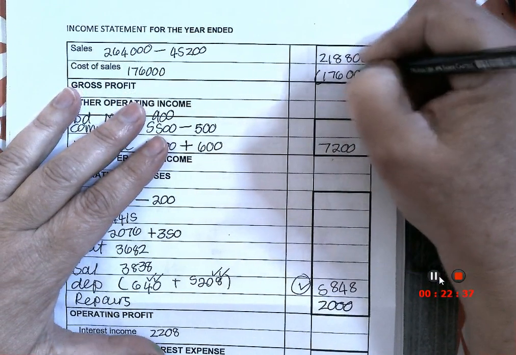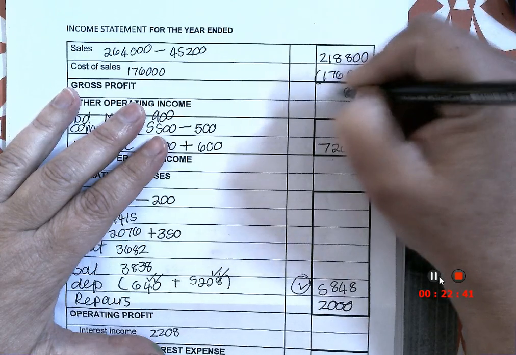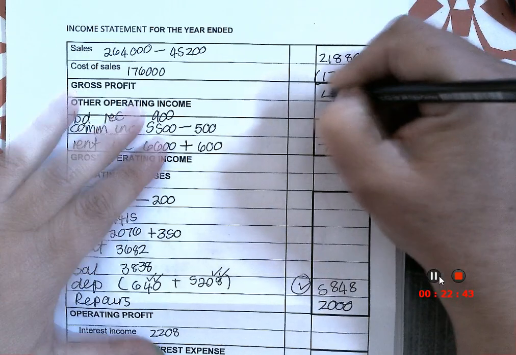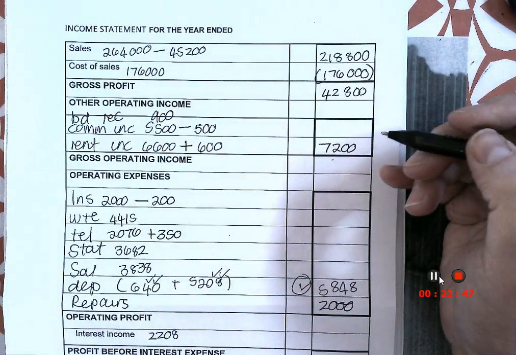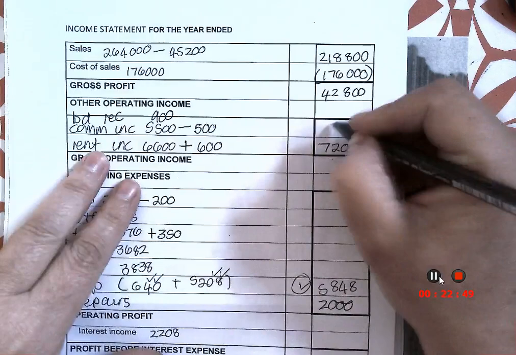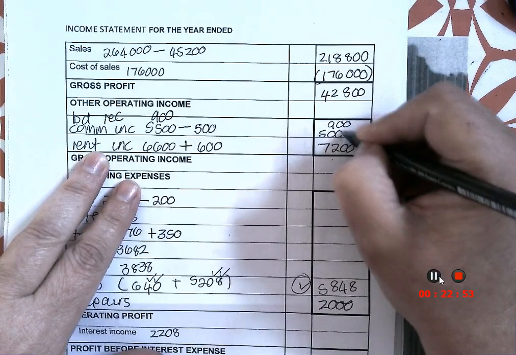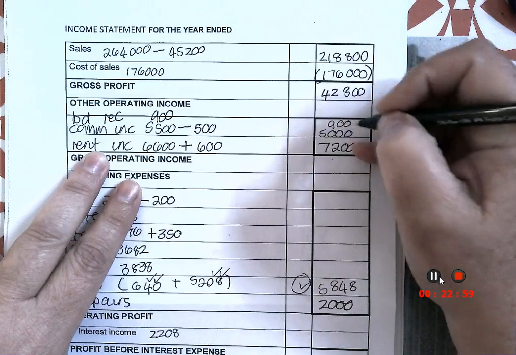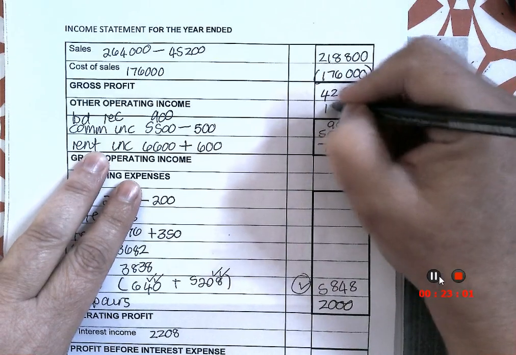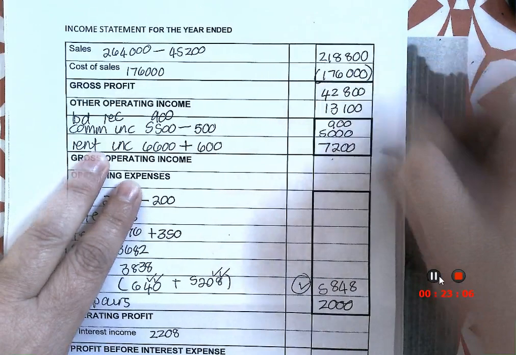No. So bad debts recovered was 900. This is 5,000. So this gives me 13,1. Then I total that again. It gives me.